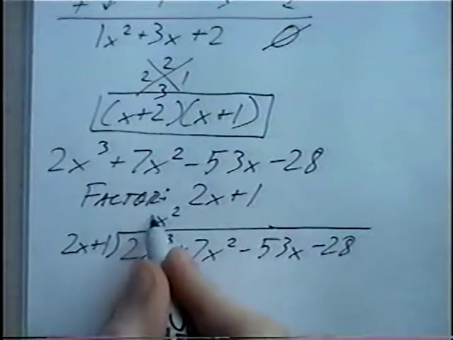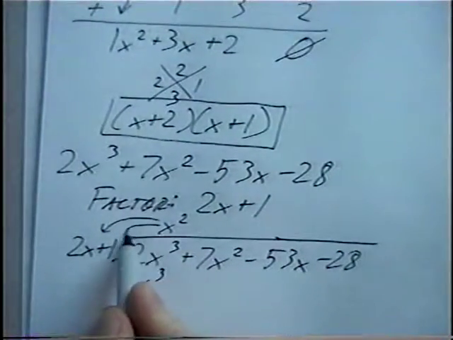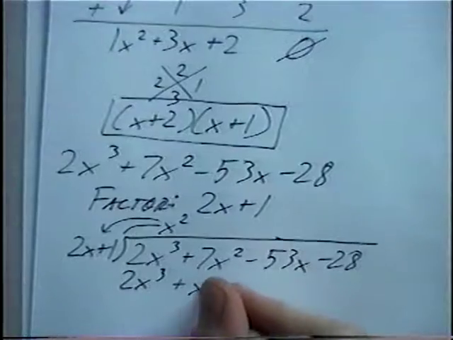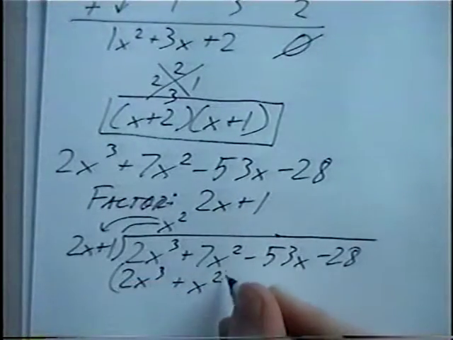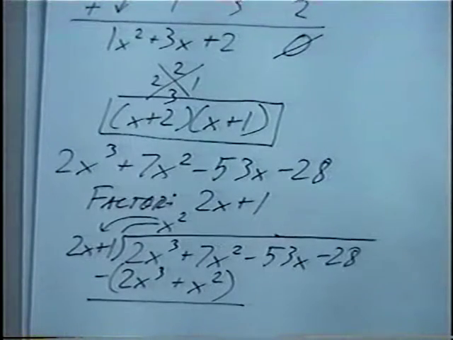X squared times 2x will be 2x cubed. X squared times 1 will be positive x squared. Put parentheses around what we have after we multiply, subtract down.